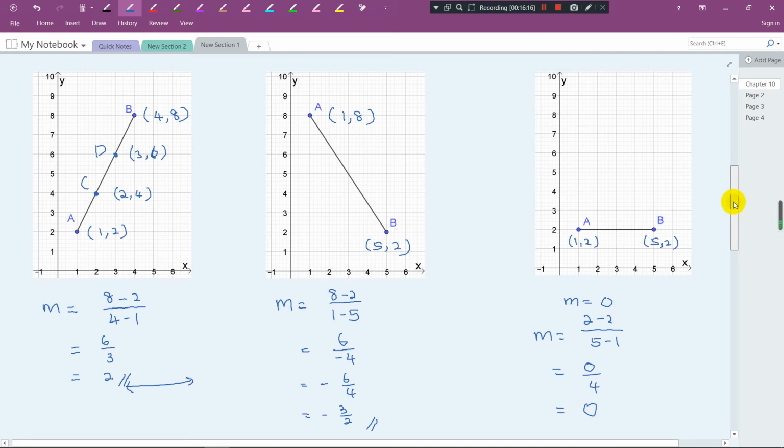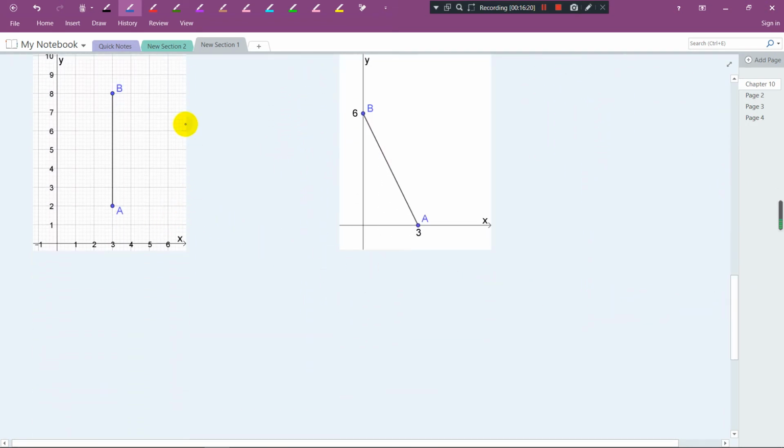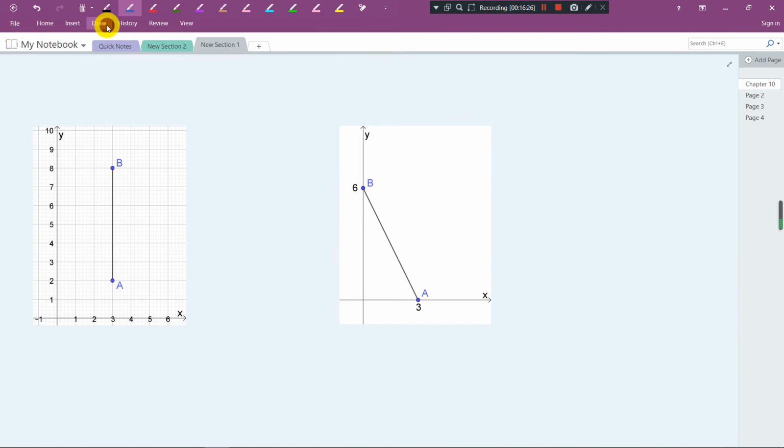Okay. Now let's go to this. Before you calculate, you know the answer. This one must be undefined, the gradient, because it goes up vertically like this, parallel to the y-axis. So let's try. So this is 3, 2, and this is 3, 8.